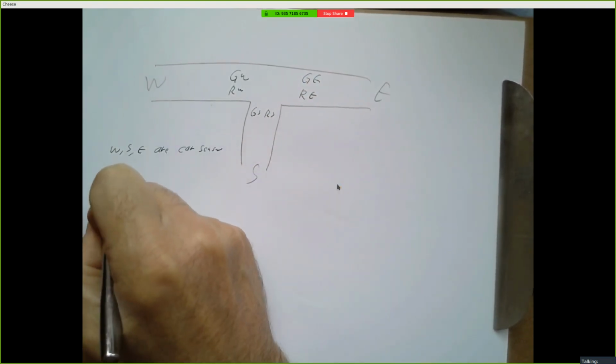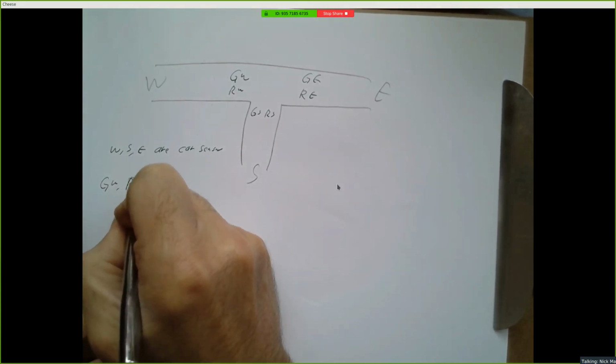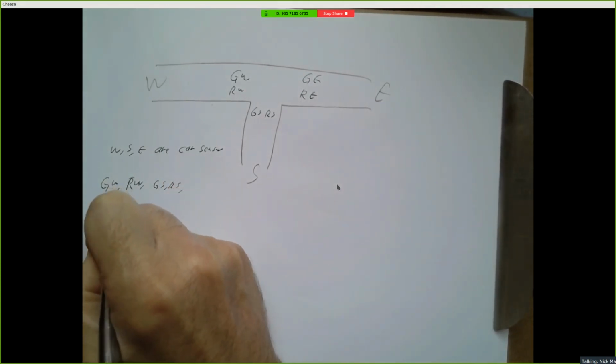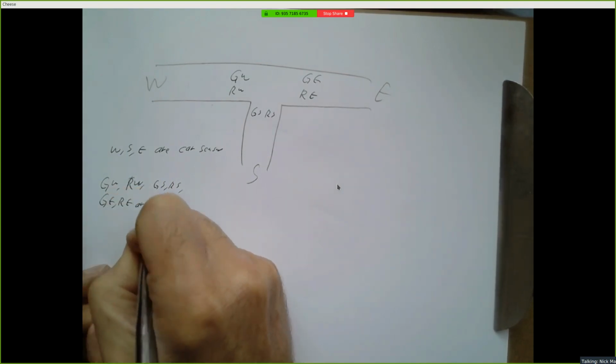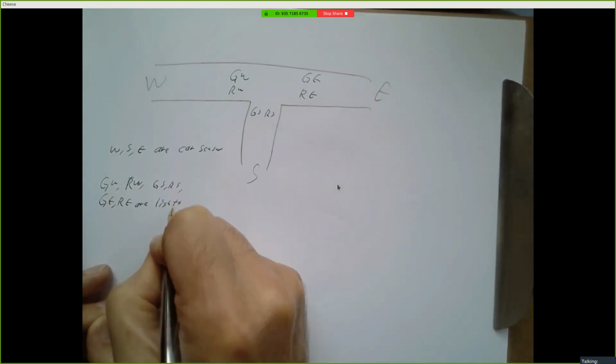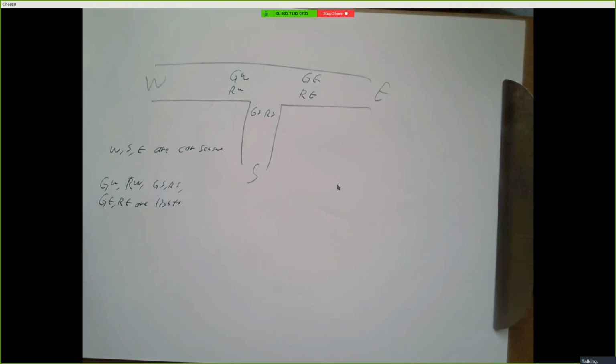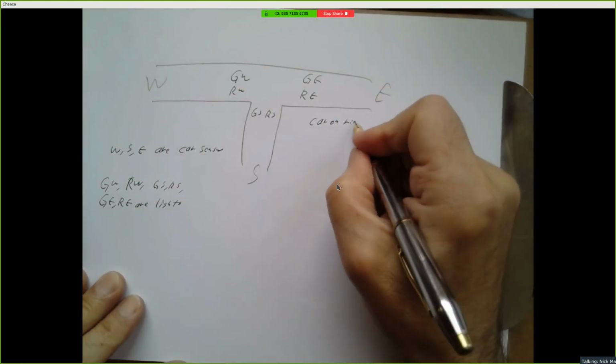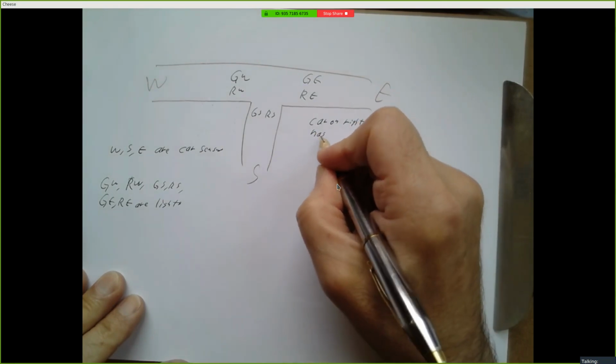And you can say green west, red west, green south, red south, green east, red east are lights. And you can note, car on right has priority.